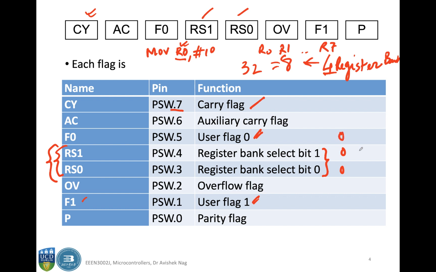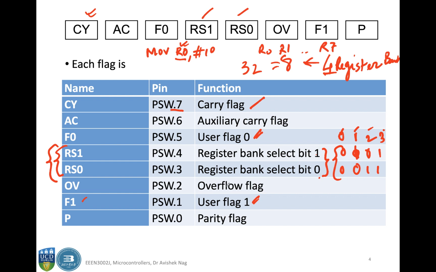If this is 0 and this is 1, then you are choosing register bank 1. If this is 1 and 0, then bank 2, and if this is 1 1, then bank 3. Depending on the binary combination of these two bits, you are choosing that register bank. So 4 register banks and 2 bits can have 4 combinations, so it can help you select the register banks.